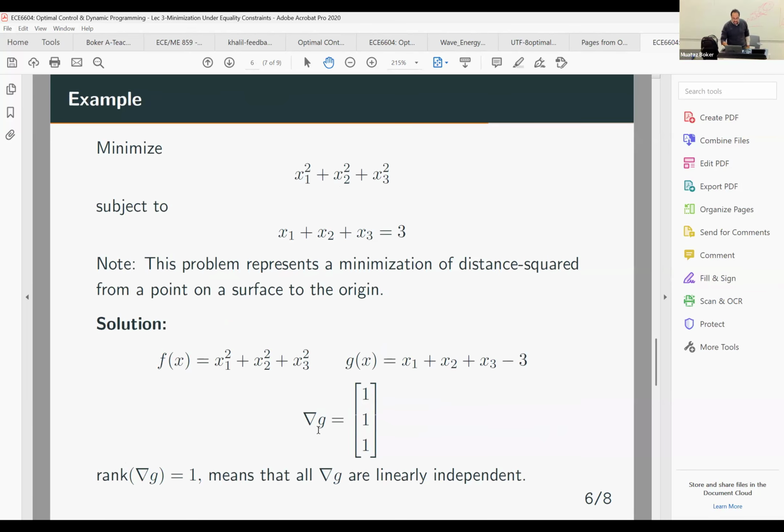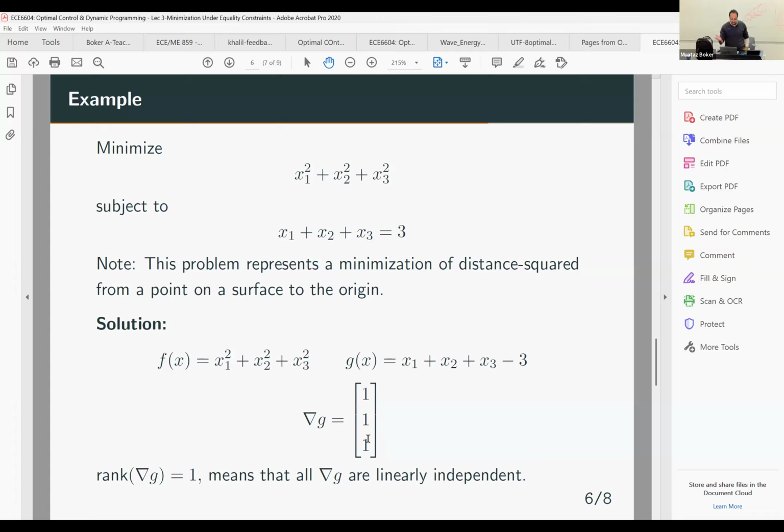So if you take the gradient of g with respect to x, you end up with 1, 1, 1, okay? And because I have only one constraint, it's just one vector. And obviously one vector has rank 1, okay? Unless it's all zeros, in which case that means we don't have a constraint to begin with, okay?